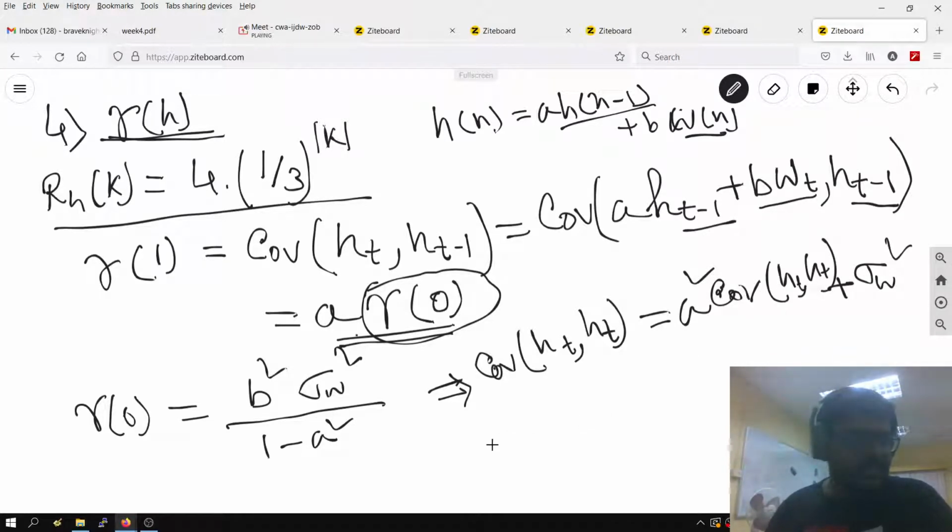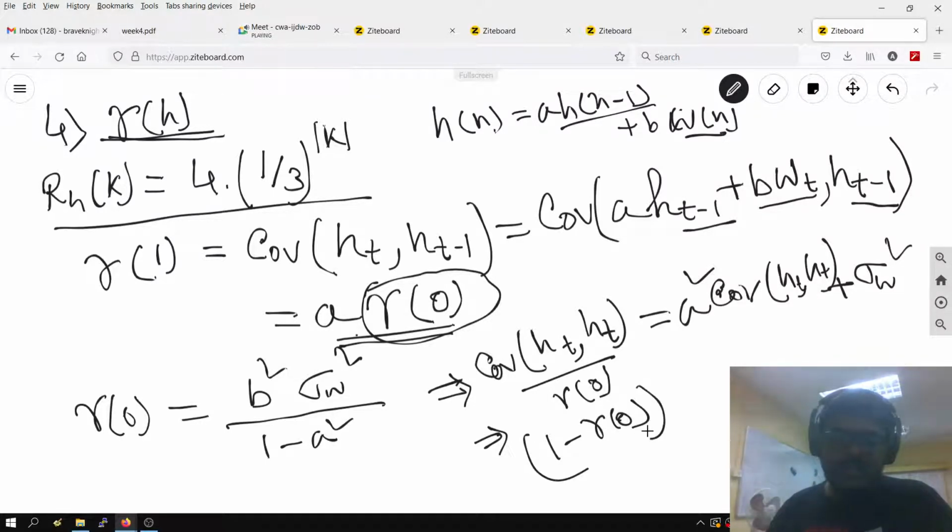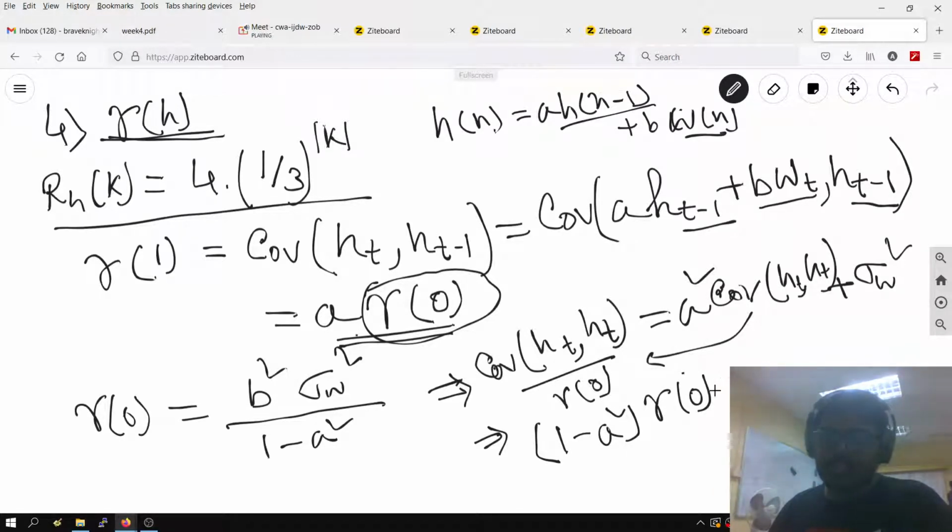If we solve this, 1 minus a square into gamma of 0, we take this term to this side, and this becomes sigma w square.